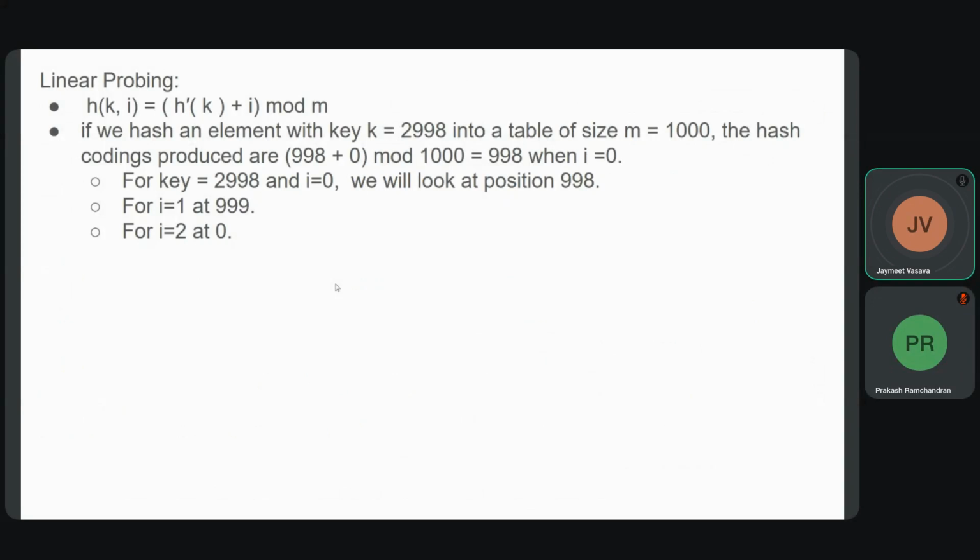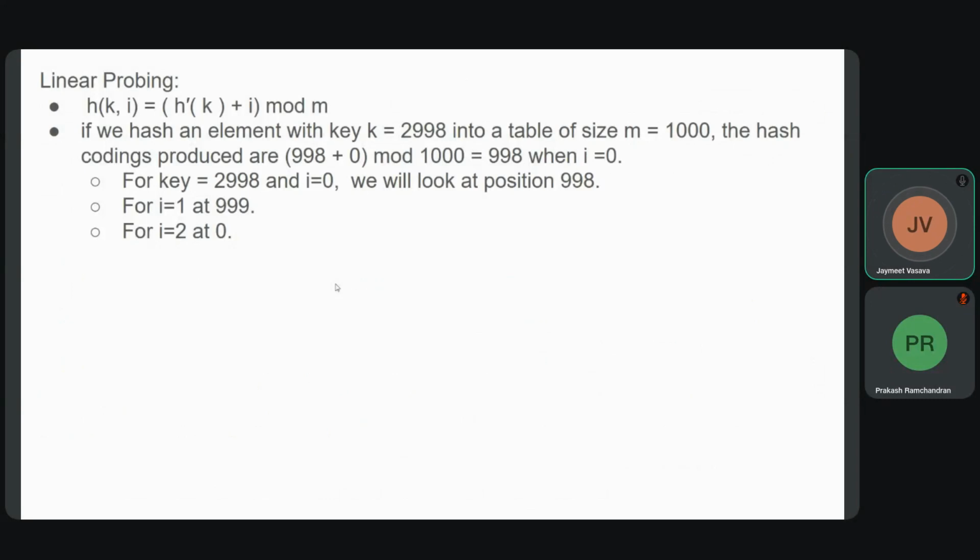So if we hash an element with k equals 2998 into the table of size m, the hash codes produced for the value of i equals 0 is 998.